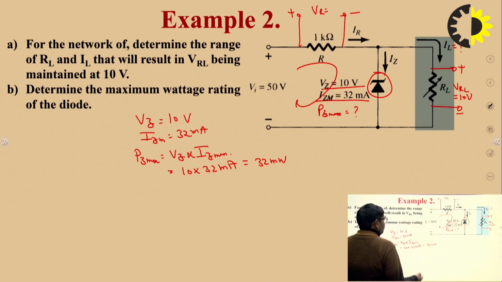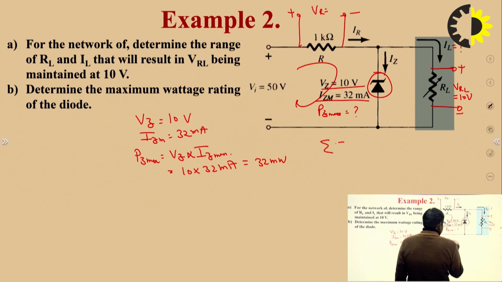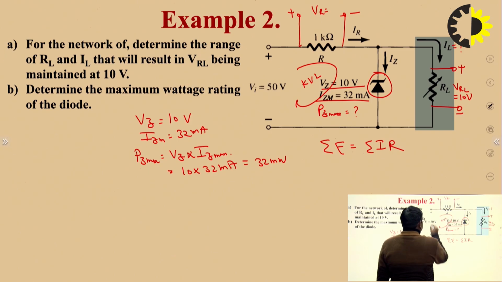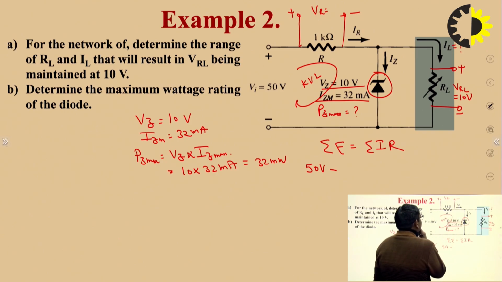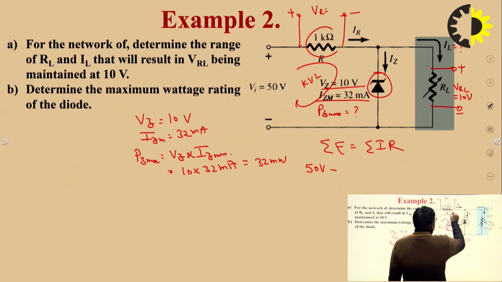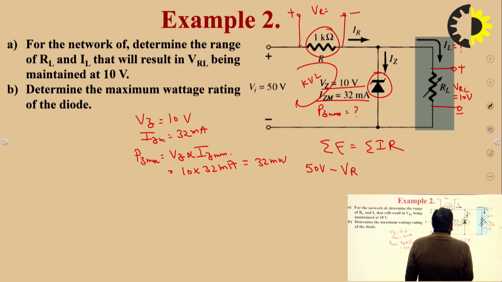What is the KVL? KVL is the summation of E equal to the summation of IR. So going from minus to plus, plus 50 volt, minus the voltage drop across that particular resistance, which is VR, which has to be calculated.